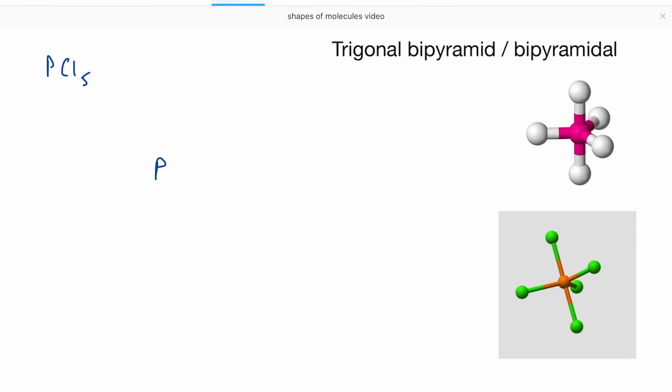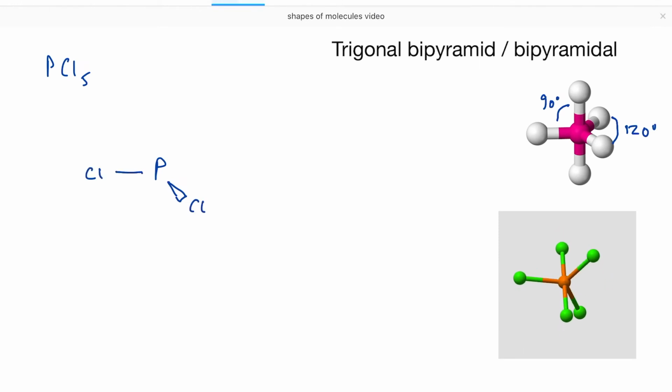The bond angle between the upright and the plane is 90 degrees, but the bond angle between the atoms in the plane is 120 degrees. In terms of drawing that, what we'd want to see is we've got 1 bond coming out, PCl5 is my example. I've got 1 in the plane, 1 going back, 1 above, and 1 below.